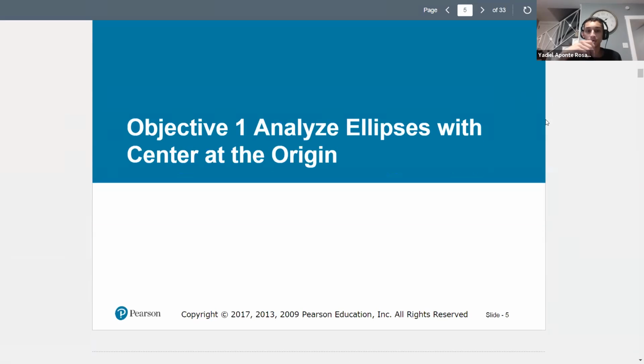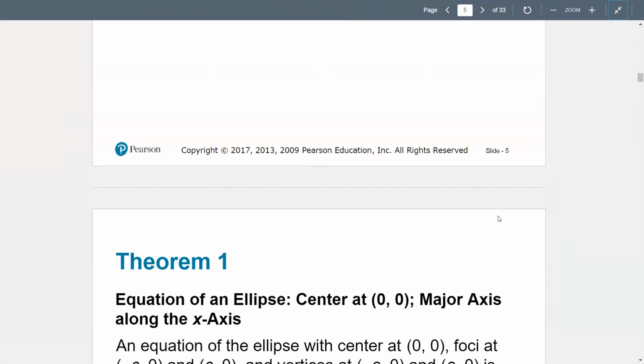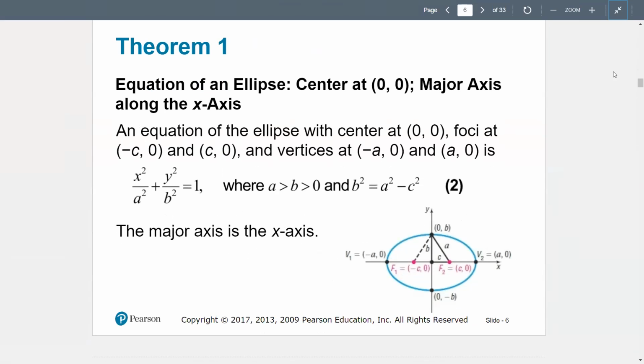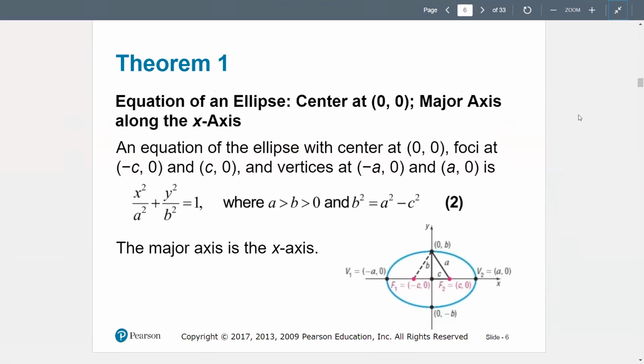Okay, so let's look at ellipses with a center at the origin. So here is your theorem. I'll give you a few minutes to write that down.